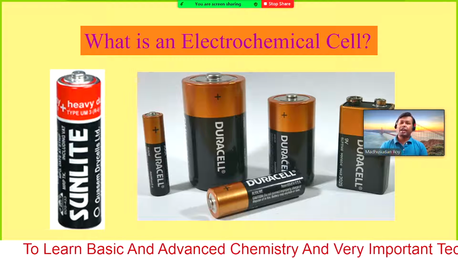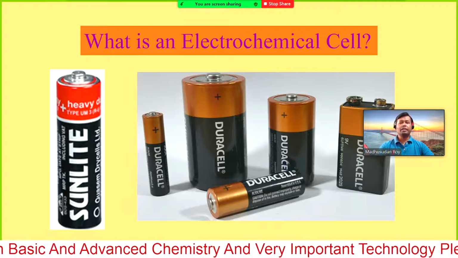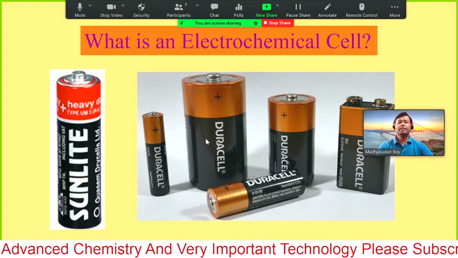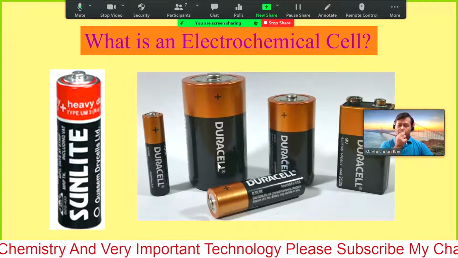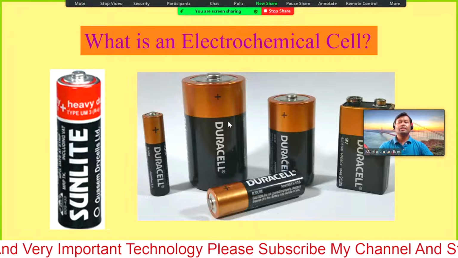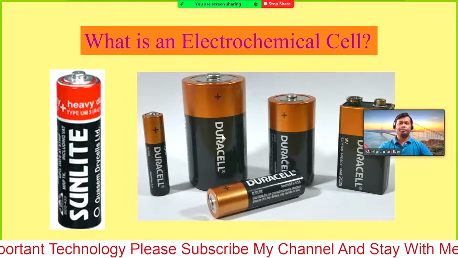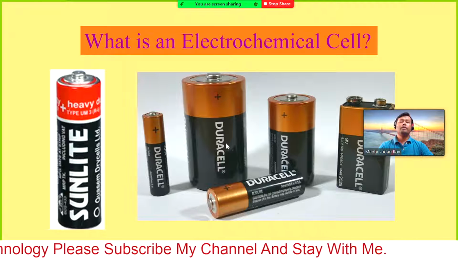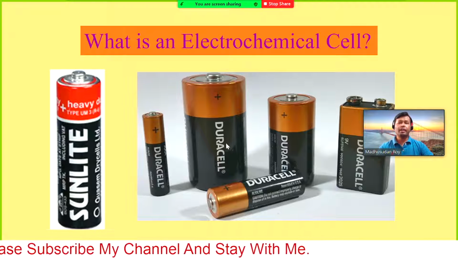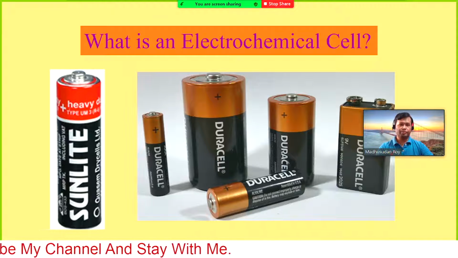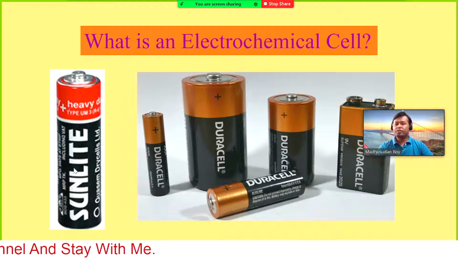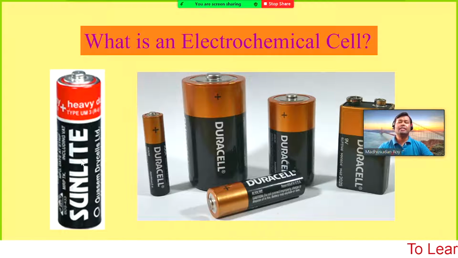Sometimes, if we consider a cell with charging and discharging capacity, that can cover both electrochemical and electrolytic. But these types of cells can be used only one time, so you cannot recharge them.